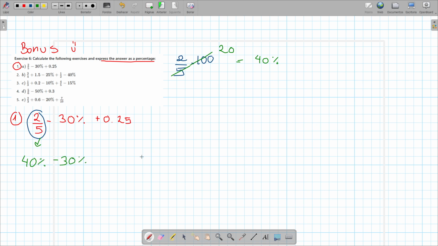This I don't have to transform. It's already a percentage. And now this number, if you're clever, you will realize it's only 25%. And this is going to be a very simple operation. 40 minus 30 is 10 plus 25, 35%, and this is the answer.